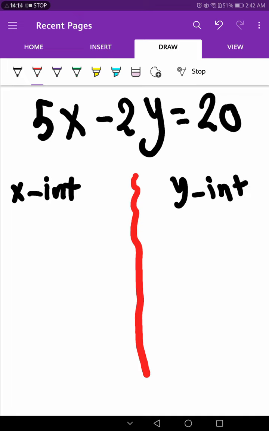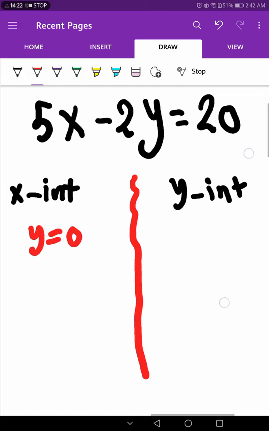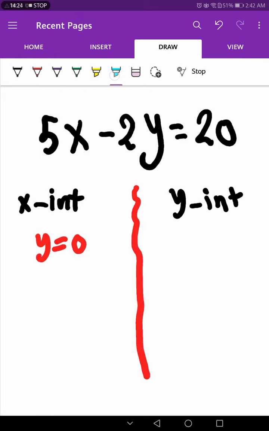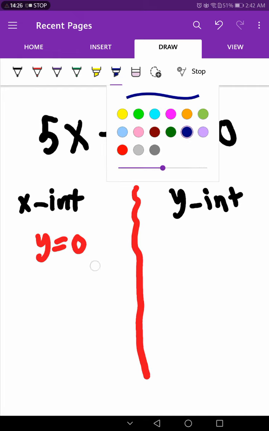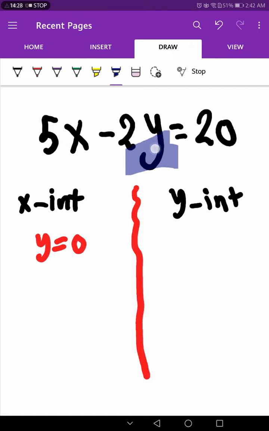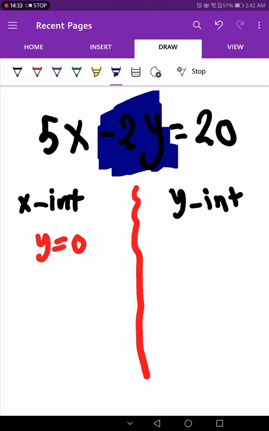Okay, when you try to find the x-intercept, y equals 0. What does y equals 0 mean? That means you have to hide everything with y. So you write 5x, what is left, equals 20.